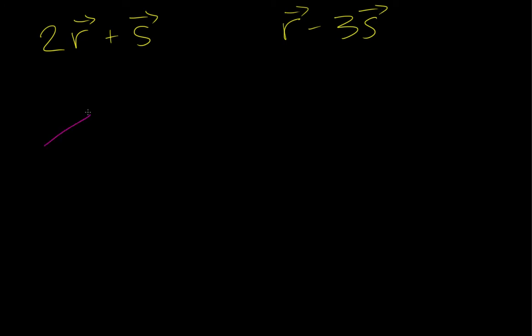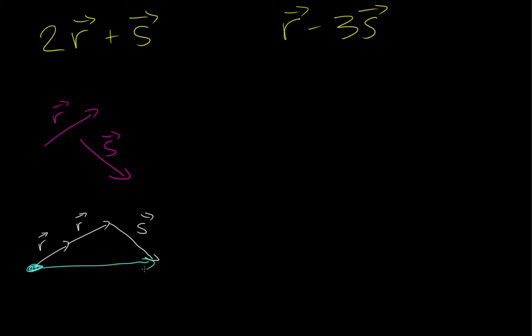Well, if we're given R is this, and we're given that S is this, if we're trying to draw what's going on, we draw R twice, and then we draw an S. And so the vector from here to here would be this.